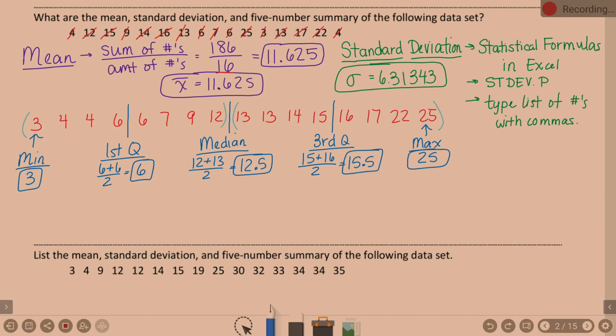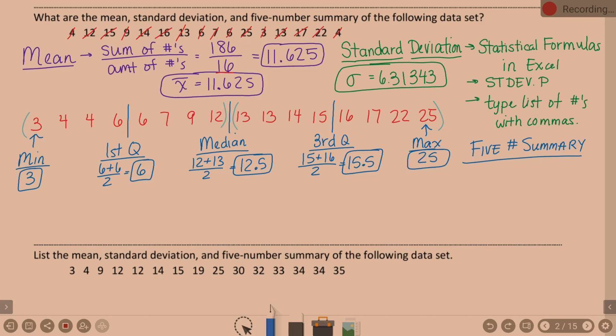Okay. When you're asked for your 5-number summary, they just want a list of numbers with commas. So like when you go into Savvas and they say, okay, find the 5-number summary, all we're going to list is, what's my 5 numbers?